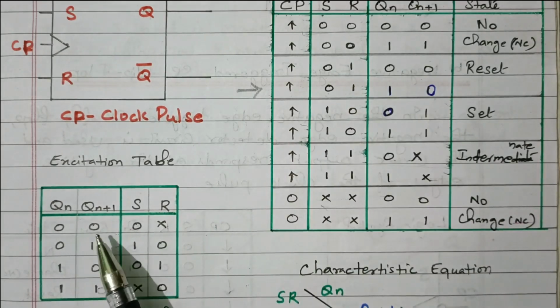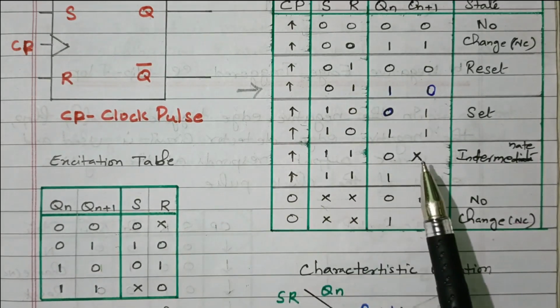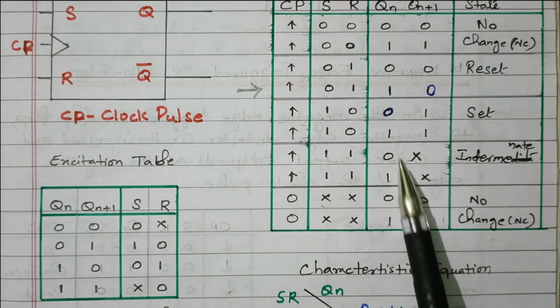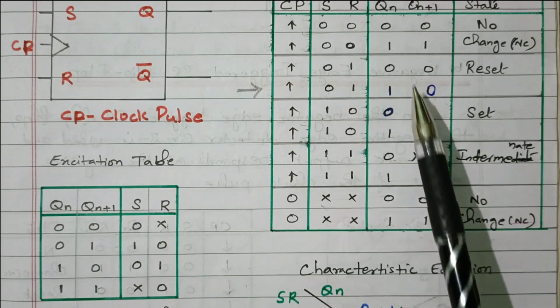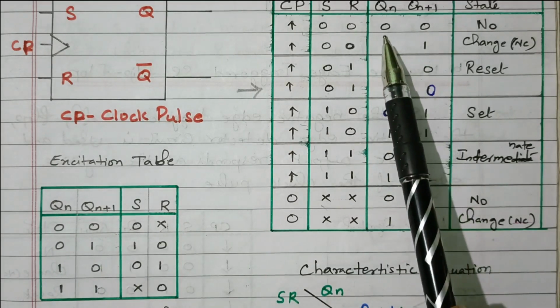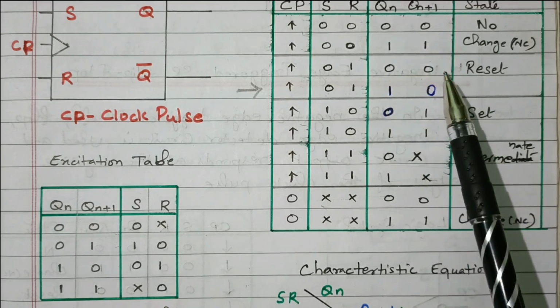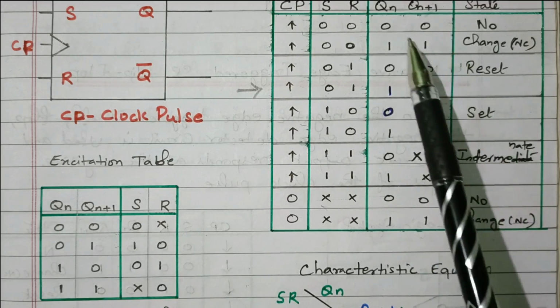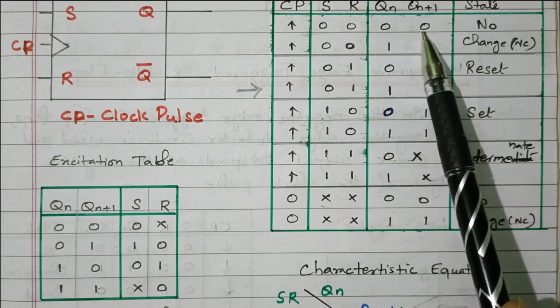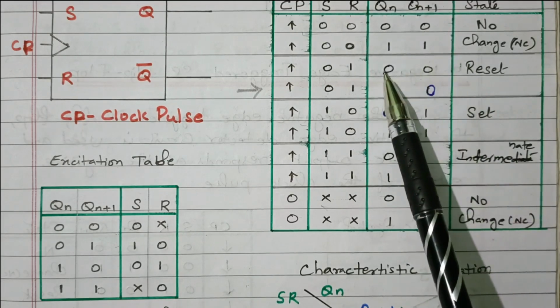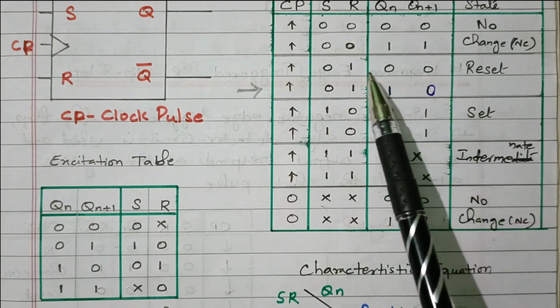Present state is 0, next state also 0. That can be decided from this truth table. We need to check for which combination we have present state 0 and next state also 0. There are two combinations, this first and third. In the first and third there is no change. 0, 0 is maintained. What is the input here?